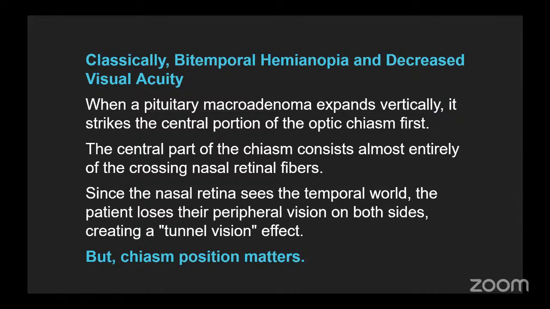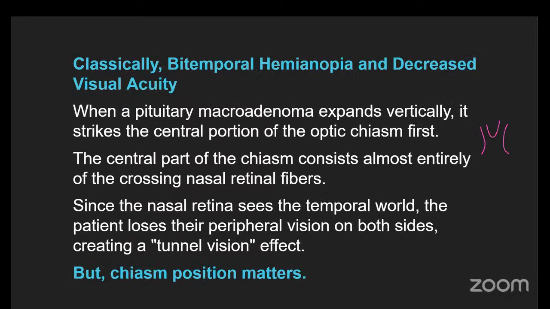Optic pathway compression. What ends up happening? There is a classic finding, we all know this: tunnel vision, bitemporal hemianopia, decreased visual acuity. I don't think I need to go into details, but I included it just in case. So this is the optic chiasm, and below the optic chiasm, assume that there is this pituitary tumor.